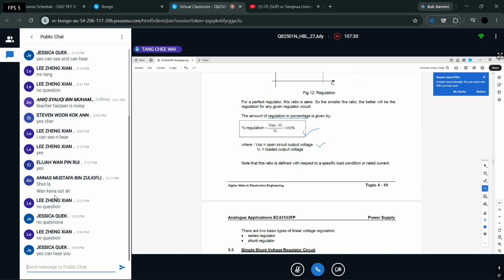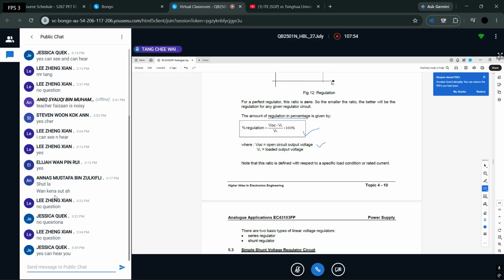V_OC is the open circuit output voltage, OC meaning open circuit, minus the V loaded output voltage. So you take the open circuit voltage minus the load voltage, divide by the load voltage, multiplied by 100%.